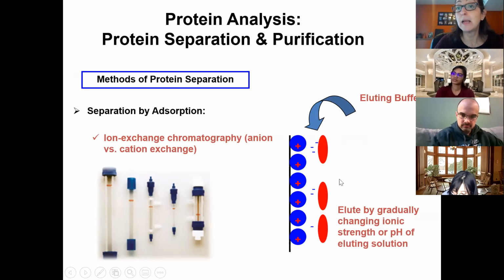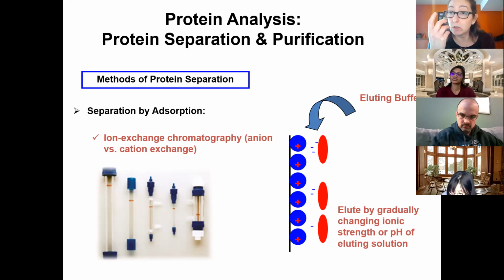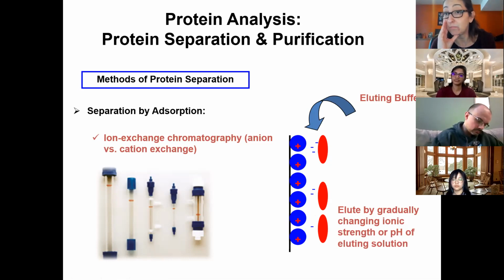Then the anions are separated based on how negatively charged they are. So we can do that in the lab for research purposes using analytical columns if we want to isolate the proteins to look at any characteristics and differences among the proteins, or we can use them in a semi-preparative way, or it can be industrial, like large-scale columns that are used to isolate the protein.